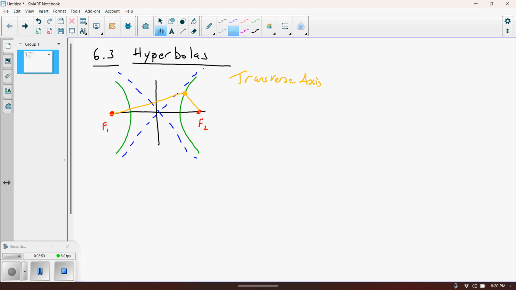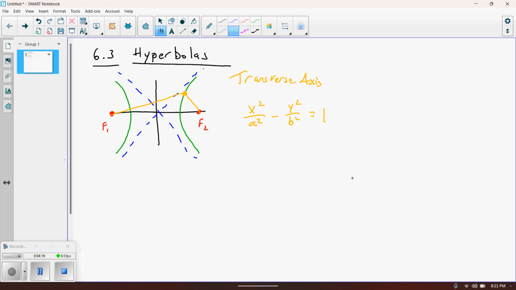That is the one that the vertices lie on, and in this case it's along the x-axis. So the equation would be x squared over a squared, the a still representing the location of the vertex, minus y squared over b squared, and that will equal 1.